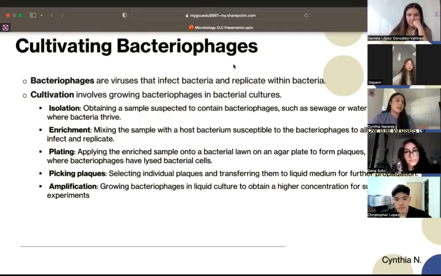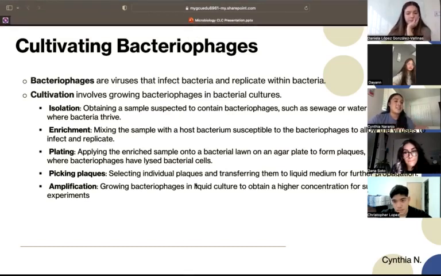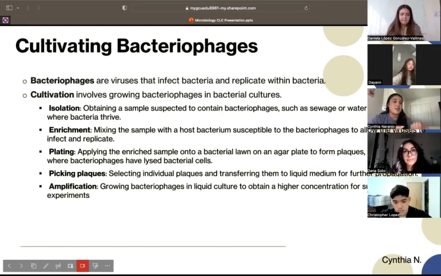So cultivating bacteriophages: bacteriophages are viruses that infect bacteria and replicate within bacteria. Cultivation involves growing bacteriophages in bacterial cultures.